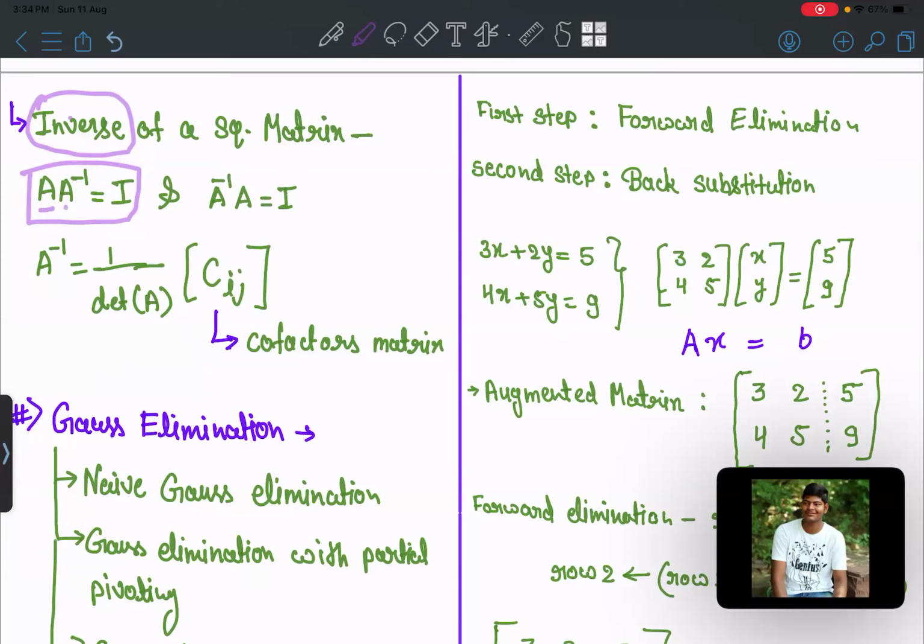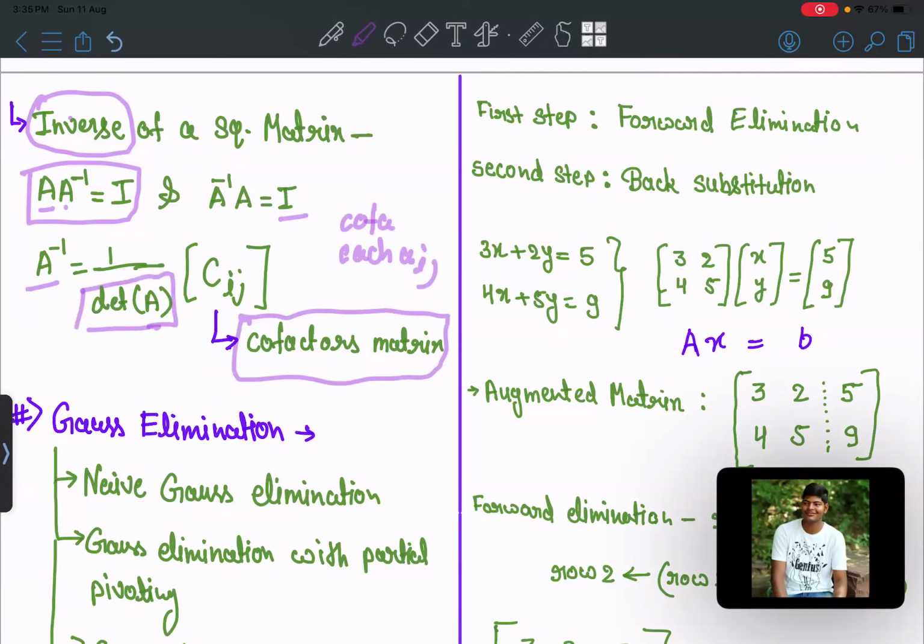Similarly, A inverse A gives me the identity matrix. So how do we find A inverse? We find the cofactors for each element Aij, then make a matrix using those cofactors, then divide by the determinant. That gives me A inverse.